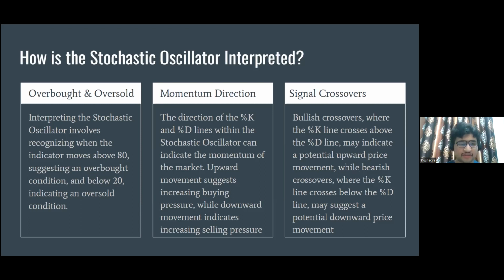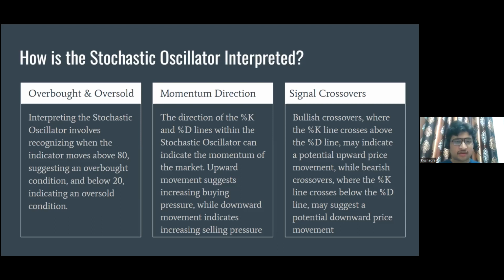And then the oversold condition: when the indicator drops below the 20 mark, it's called an oversold condition, and it's a signal for a potential buy of that commodity or stock, as the market might be seeing an upward trend. So that's why we say that it's a potential buy signal.